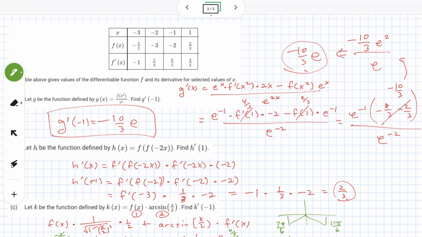So negative 2, okay, so that's going to become negative 1. Oh boy. So that's negative 1 over square root of 3/4, which is negative 2 over root 3 plus 6/5 times negative pi over 6.